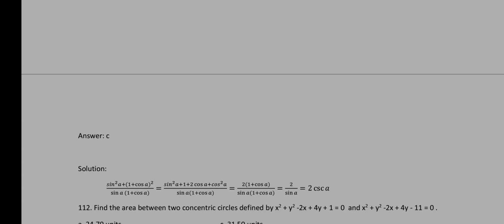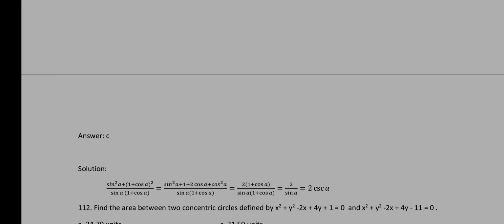Over sin A times quantity of 1 plus cosine A equal siya sa sin squared A. So, distribute 1 plus 2 cosine A plus cosine squared A. Kasi yung 1 plus cosine A squared, yung quantity nun, gagamitan mo ng yung tawag nating perfect square trinomial. Yung kanyang solution. Over sin A times quantity 1 plus cosine A, kakopy mo lang.